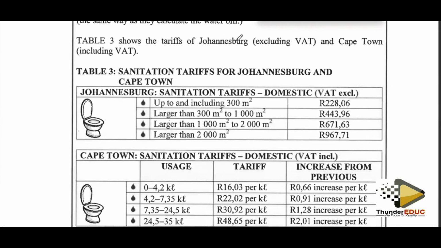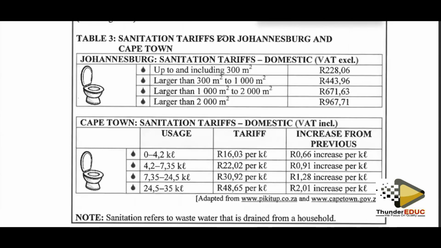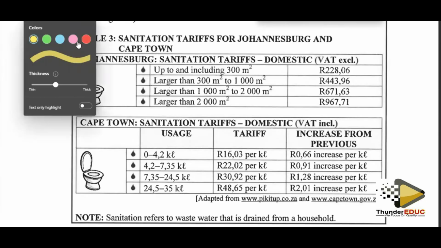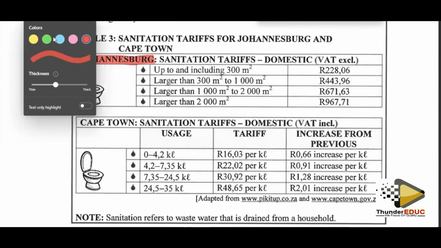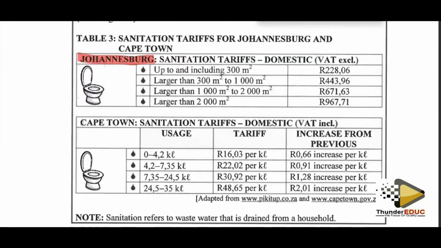Table 3 shows the tariffs of Johannesburg including VAT and Cape Town including VAT. The first table is for Johannesburg. Then the other one is Cape Town.